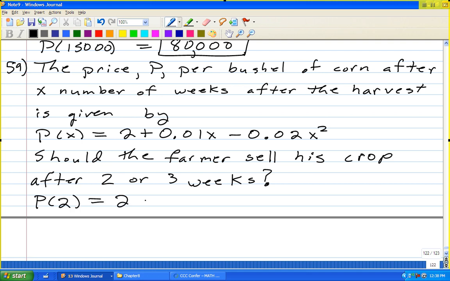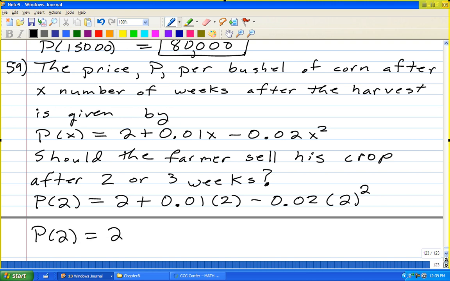And so after 2 weeks, it is 2 plus 0.01 times the number of weeks minus 0.02 times the square of the number of weeks. And so the price after 2 weeks is 2 plus 0.01 times 2, which is 0.02, minus 0.02 times 2 squared, which is 4.